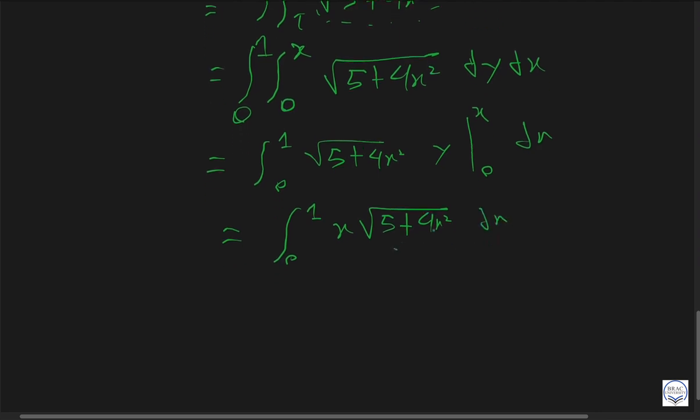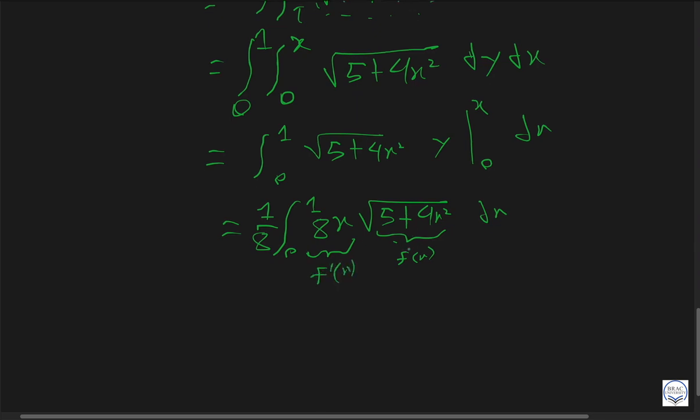Now what we should note is that if we let this function be f of x, then the derivative of f is just 8x. That means if I bring out a 1 over 8 here and put an 8 over here, so that we still have the same thing, then this is the derivative of my f.